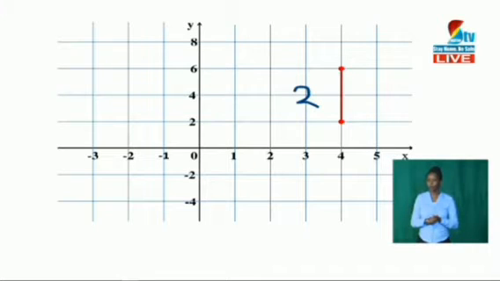Yes, the length of this line segment, dear learner, is not 2. Why are we saying it's not 2? Remember what we said: before you count the number of squares, make sure you check what each square represents.